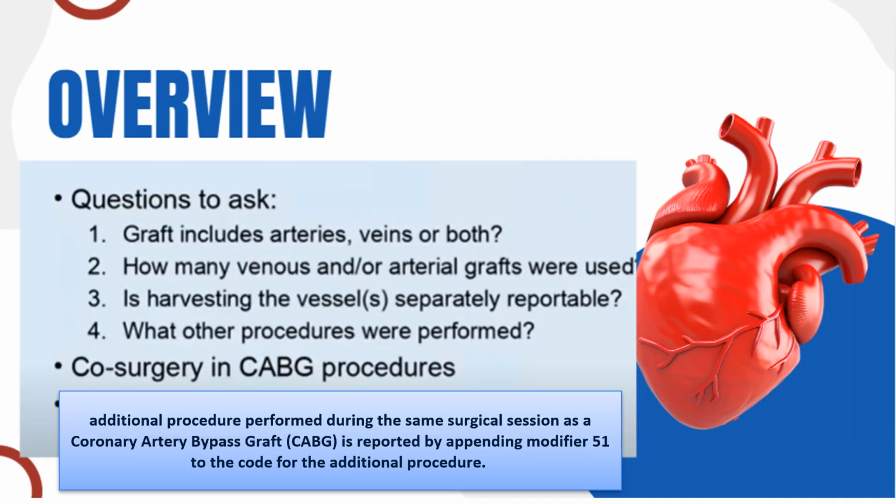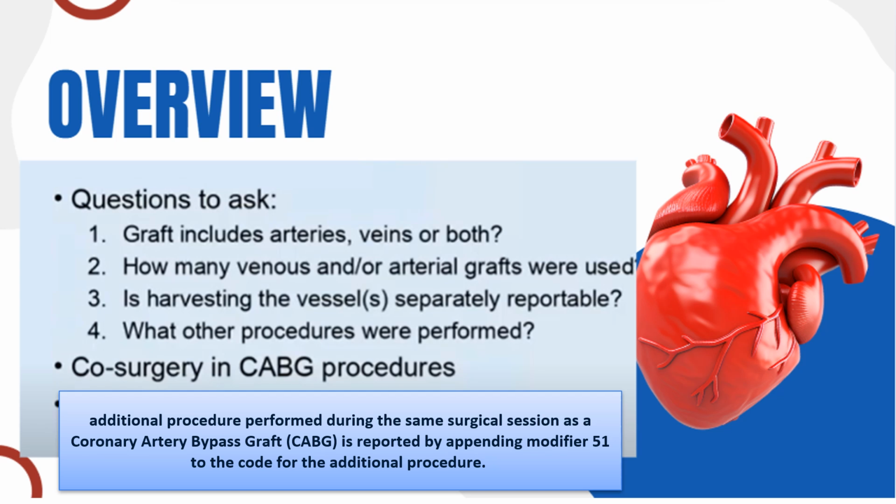Now, what overview must one take while solving a CABG question? First of all, we must know the material they have used for the graft. Does it come from an artery, a vein, or both? Then, how many venous and arterial grafts were used? The third question is, is harvesting the vessel separately reportable?